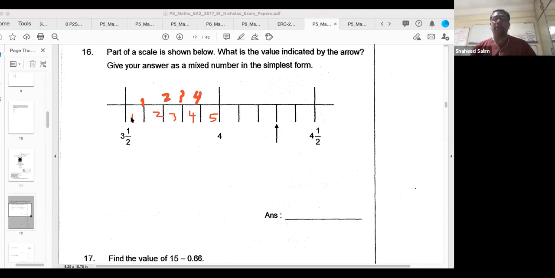And this is half, so it's 5. So Raidi has changed this to make it 5, 5. It begins with 3.5, right? Raidi says that down here you can make it over 10, because from 3.5 to 4.5 is 10 parts. Can you see? 5 plus another 5.